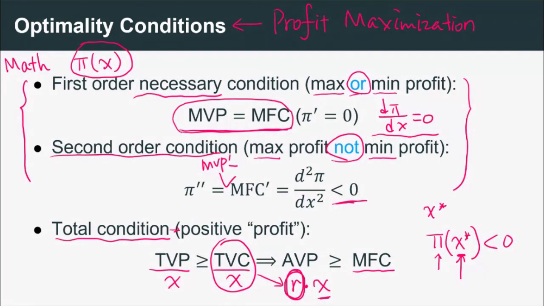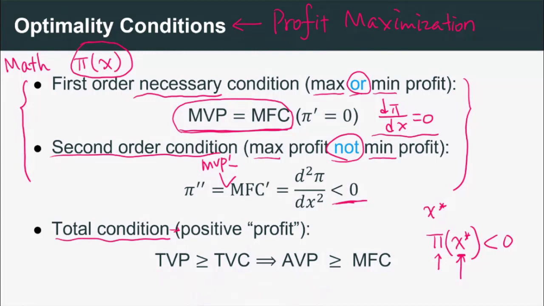And if you write it this way, you can also call it average variable cost. So that's why we get the third condition here. So this is more rigorous. If you check all three conditions, you will find a maximized profit.